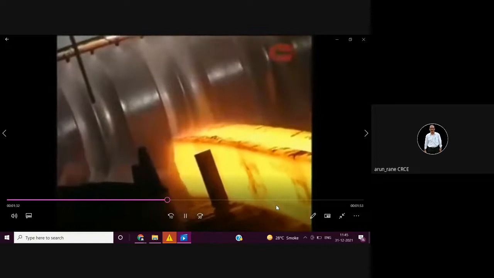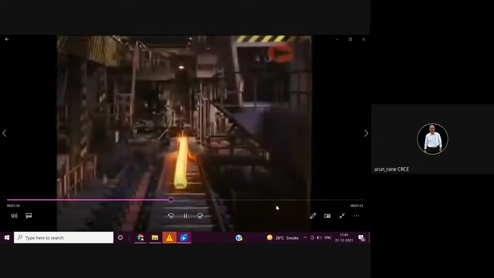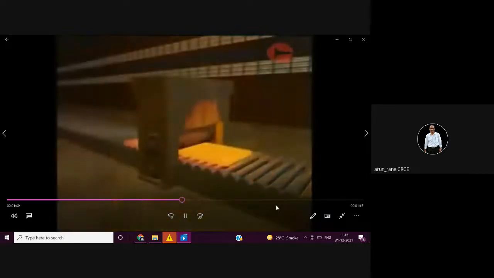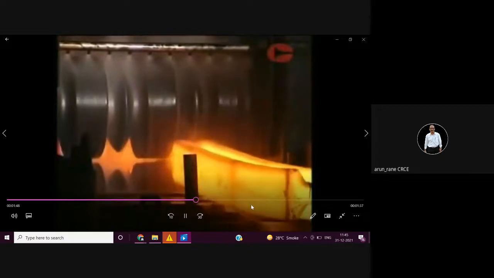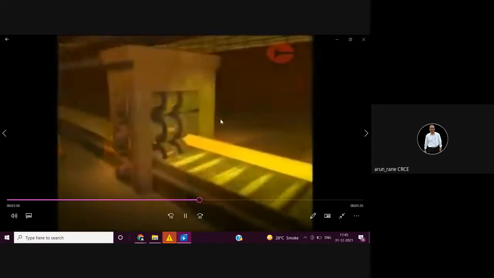So different sections are possible. Whatever shape is there on the roll, that shape you will get. Initially it is square and then you get the desired section as per the roll.